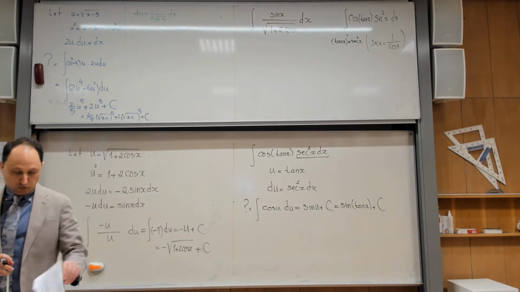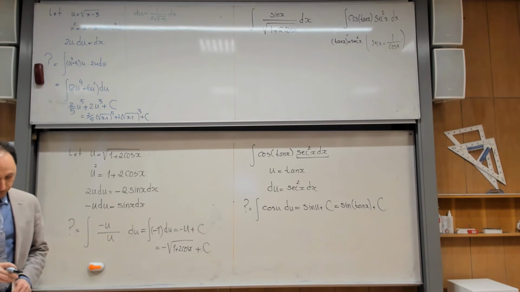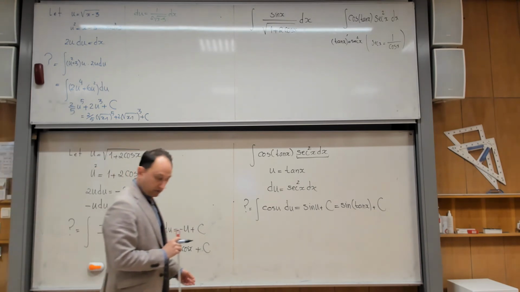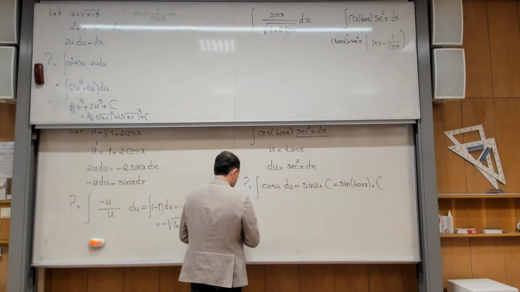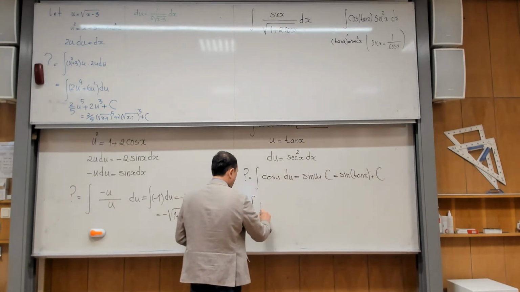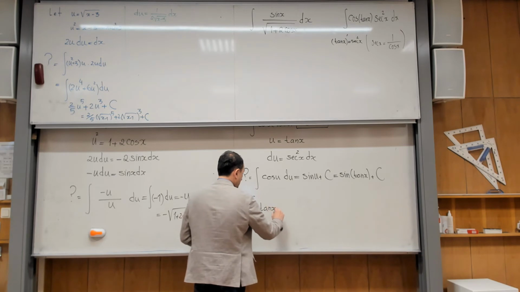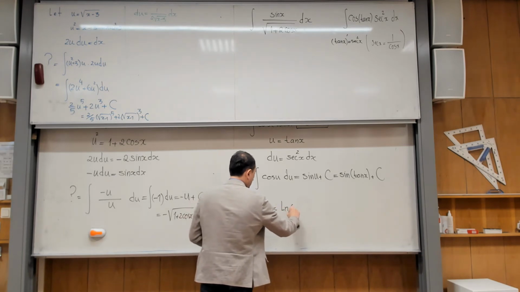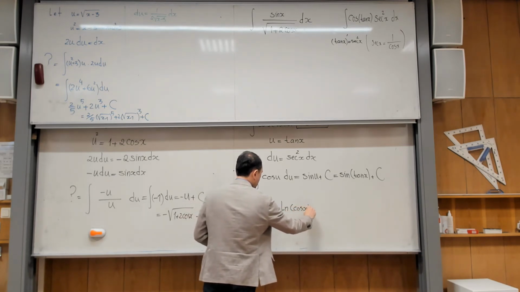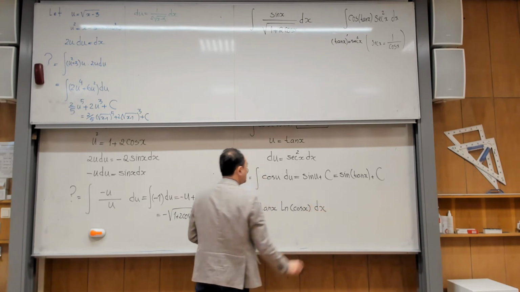Okay, so let me write more here. What do you think about this integral? Integral of tangent of x multiplied by ln of cosine x dx. This might be a little bit more tricky.